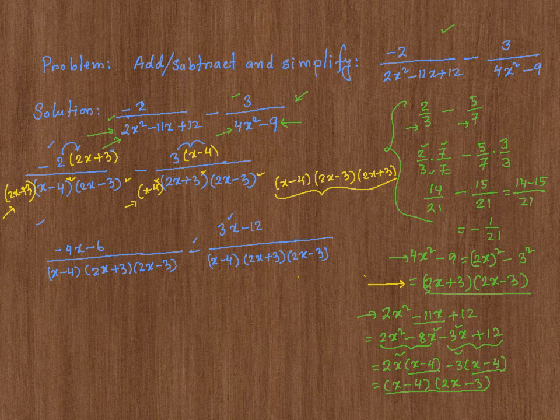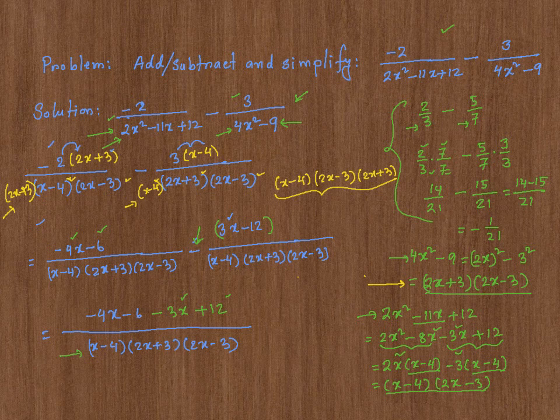Only one thing to note here, this negative has to be distributed to 3x minus 12. So negative in front of 3x minus 12 is going to be negative 1 times 3x, which is negative 3x. Negative 1 times negative 12 is positive 12. And negative 4x minus 6, and the denominator is here, which is the LCD.